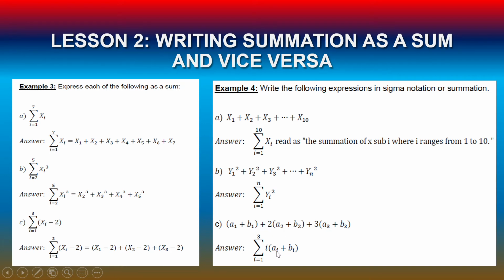So, gagawin din natin dito ay a sub i. And then, yung b natin ay naka-series din. So, lalagay natin dito ay b sub i. Dahil lahat sila ay plus, gagayahin lang din natin. So, this will be the formula. It starts with 1 and ends with 3. So, ibig sabihin, 3 observations lang siya.